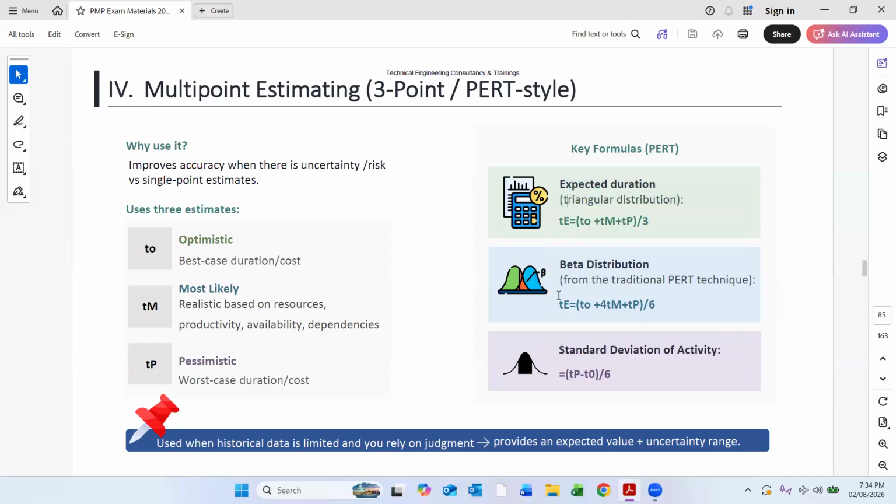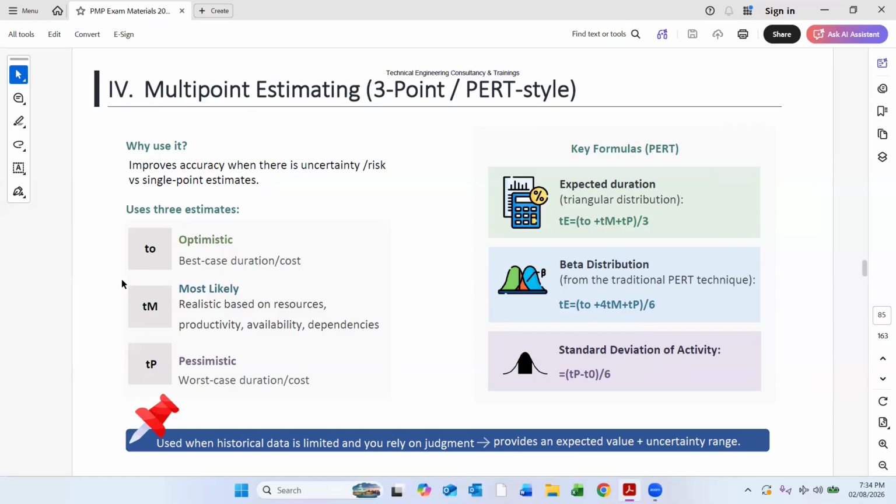The second one is the beta distribution. Beta distribution is optimistic plus 4 times most likely plus pessimistic, divided by 6. This is called the beta distribution. The third one is the standard deviation, which is pessimistic minus optimistic divided by 6. So this is standard deviation, SD.